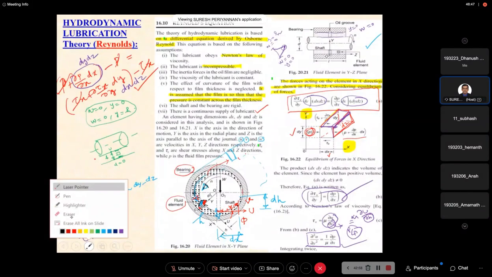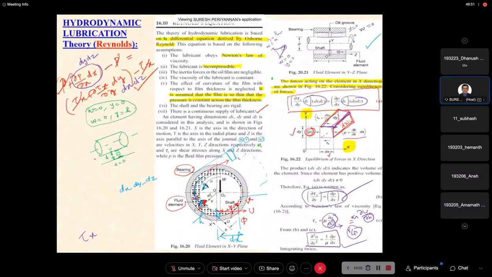I will draw it exactly now. From this point to this point is h, right? Okay, now this is u.